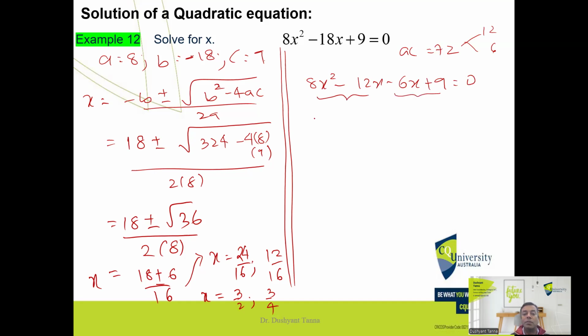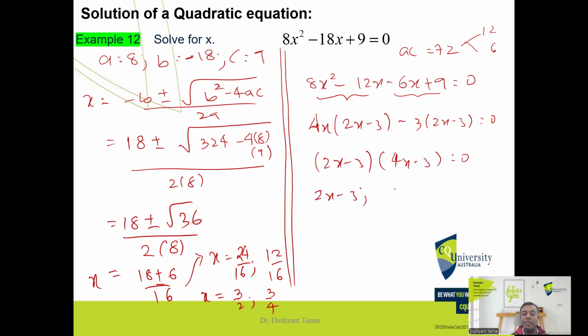Pair them. 4x common, 2x minus 3, minus 3 common, 2x minus 3. So we get 2x minus 3 and 4x minus 3. That means 2x minus 3 is 0, or 4x minus 3 is 0. x is 3/2, or x is 3/4. Happy days. Both methods give the same answer.